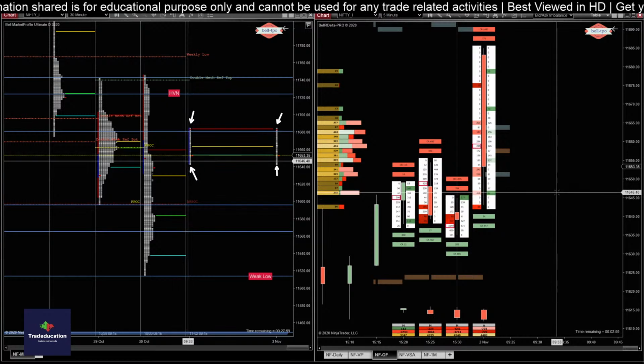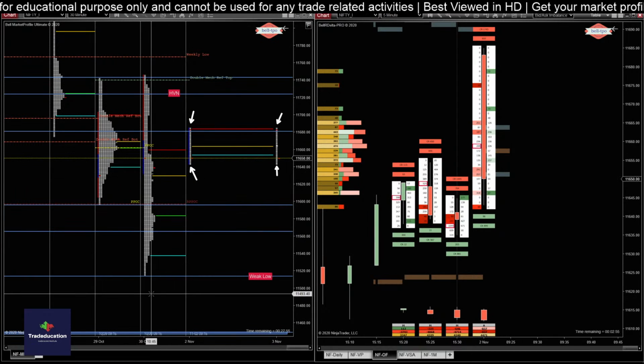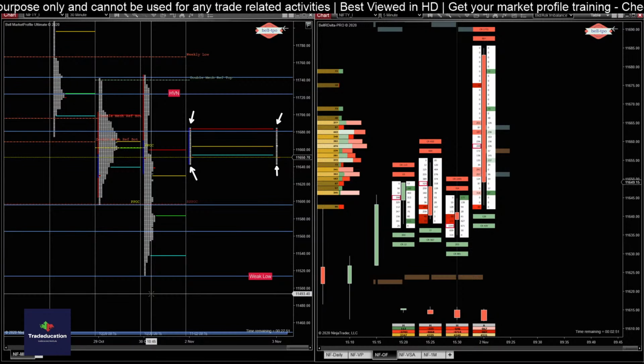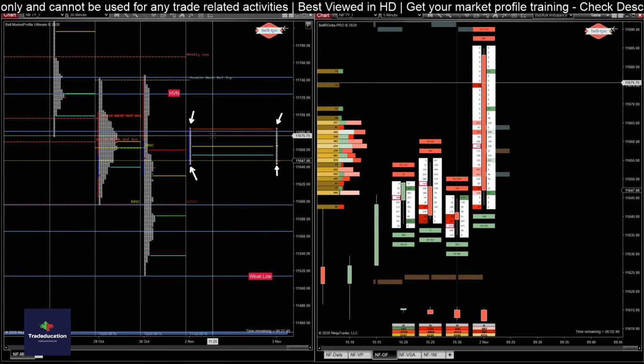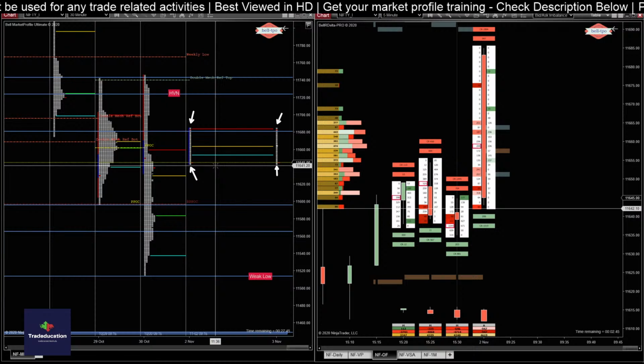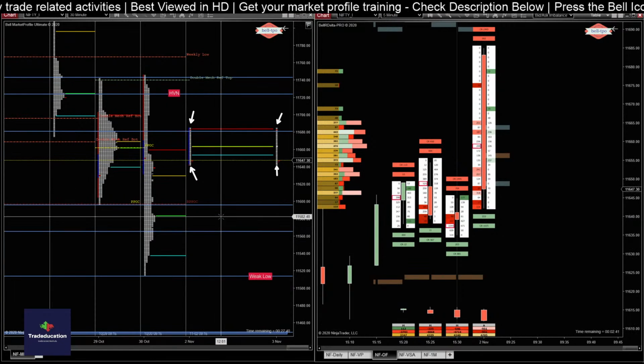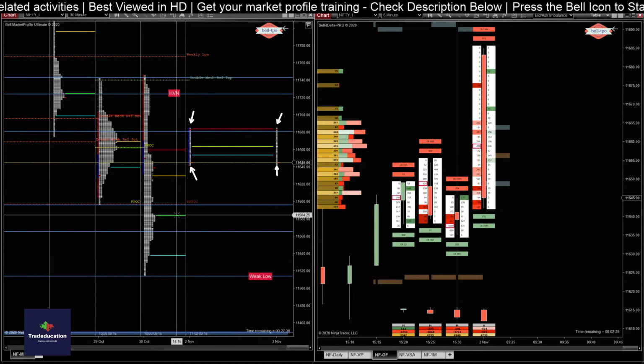So expect the low to be tagged and we should see continuation to the lower side. So right now, a good trade opportunity, you can take a short trade, keeping your stop loss around the half back level, with a target of today's low, or this particular reference, the POC of 30th of October.